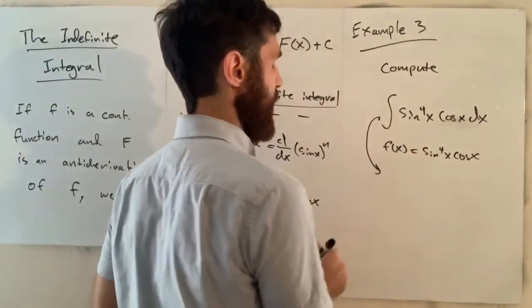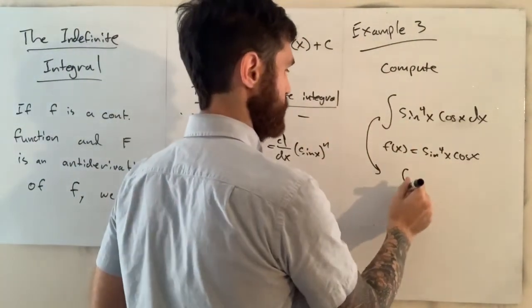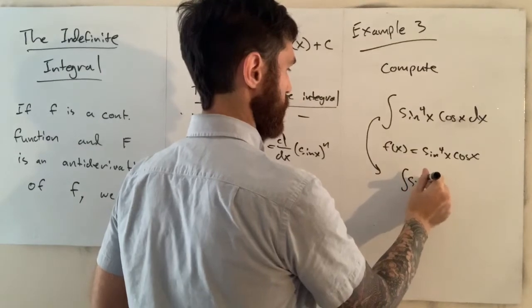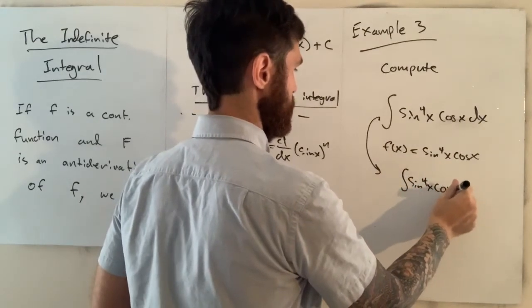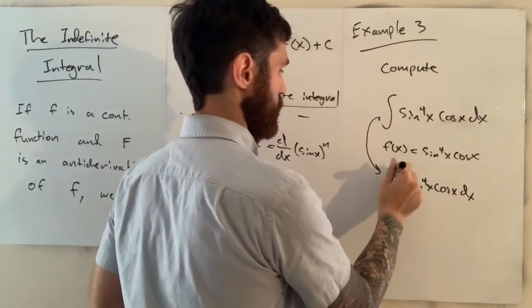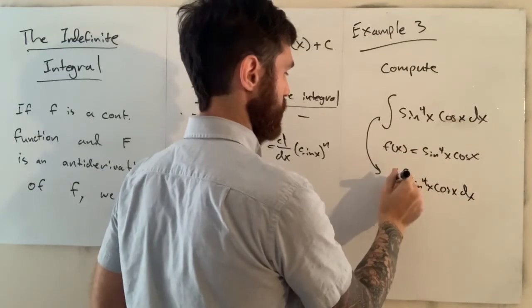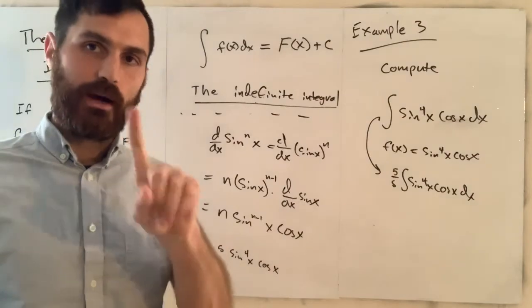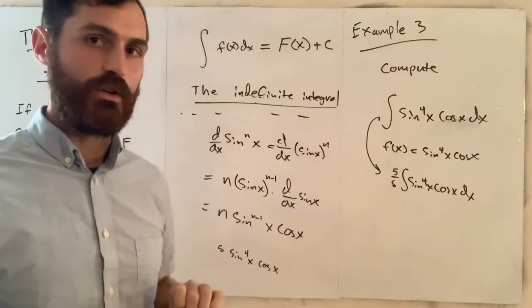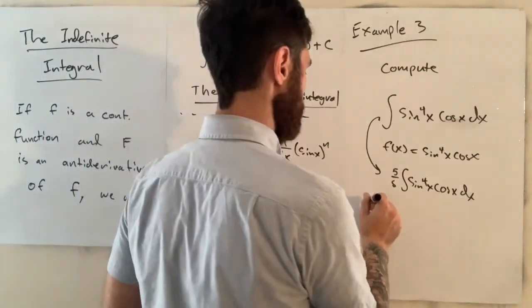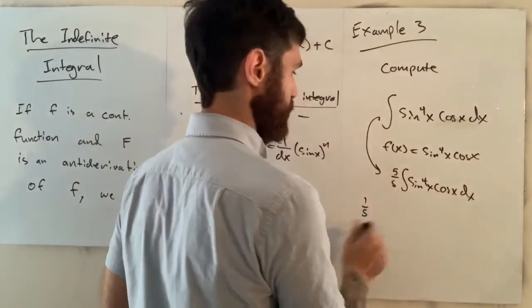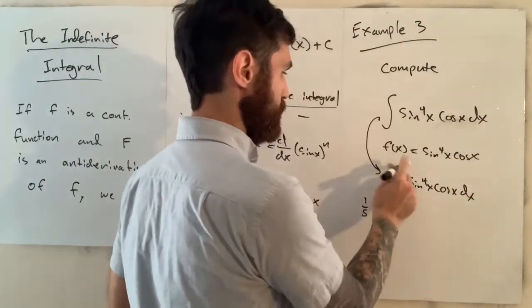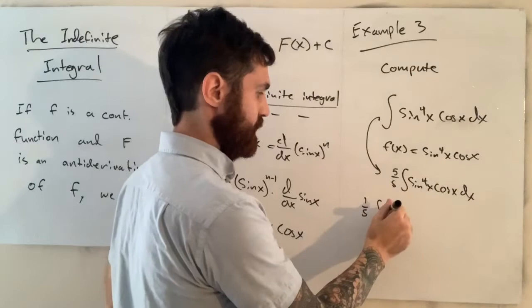We bring this down, and I think of it like this, where I multiply by 5 over 5. All I'm doing is multiplying by the number 1, so nothing changes. Now I'm going to leave a 1 over 5 on the outside, and I'm going to bring a 5 inside.